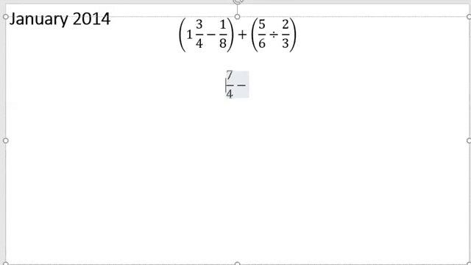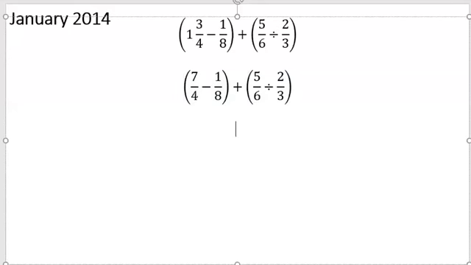But wait, let me put my bracket. So 7 over 4 minus 1 over 8 plus my bracket 5 over 6 divided by 2 over 3.